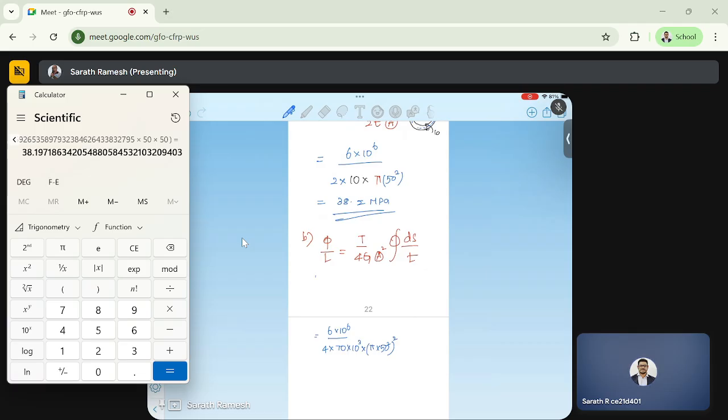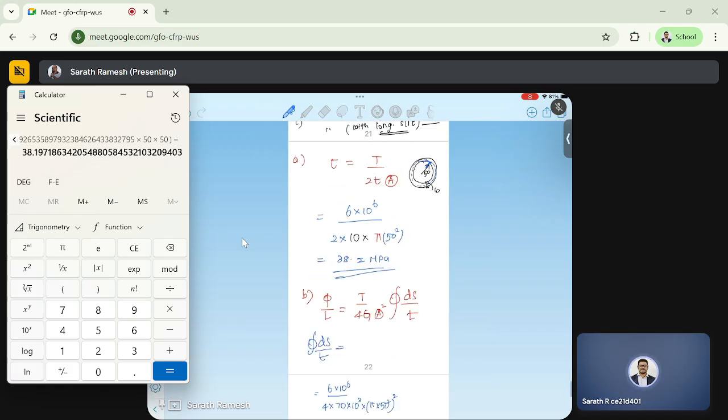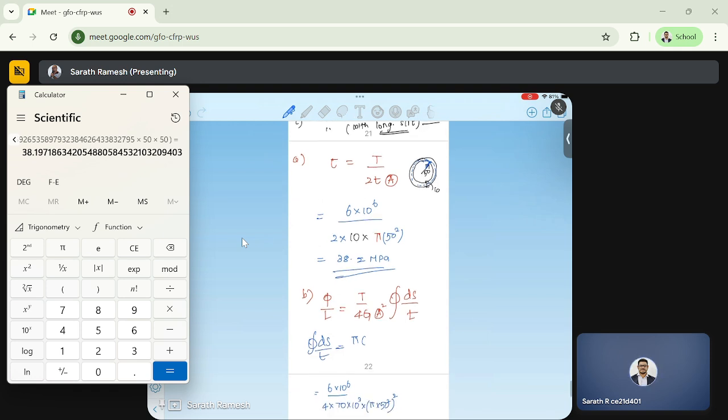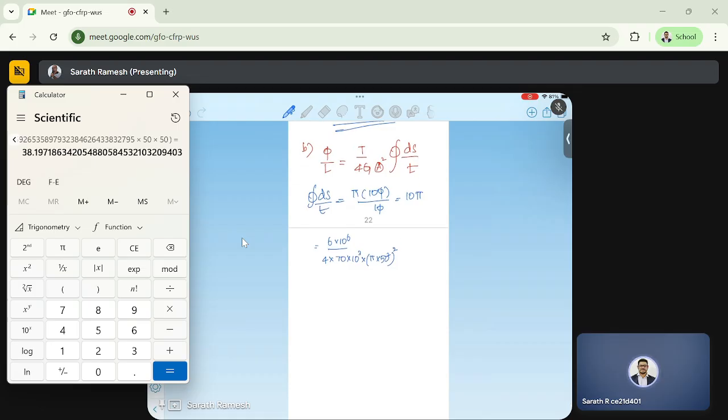What is the closed integral ds by t? Integral ds is pi into d, the circumference. So pi into d is 100 by thickness 10. It's 10 pi. This times 10 pi.